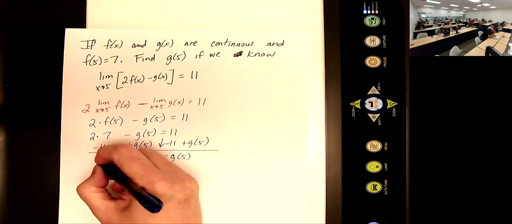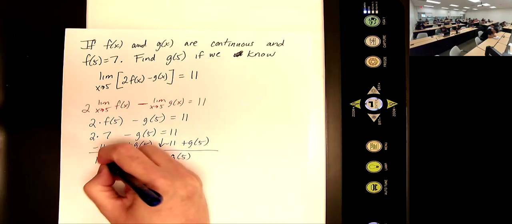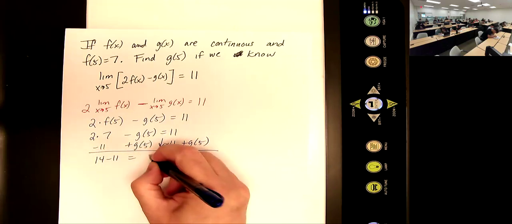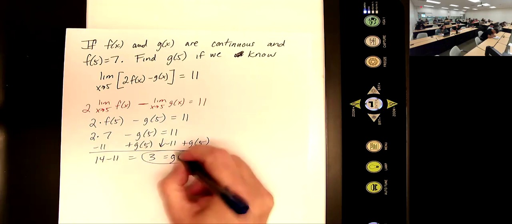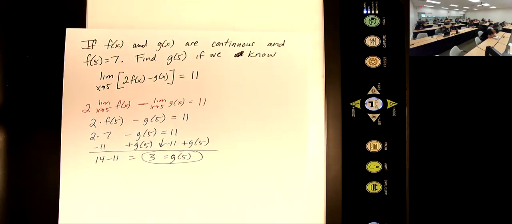The left side is 14 minus 11, which is 3. So g of 5 equals 3. Any questions? Not that exciting, was it?